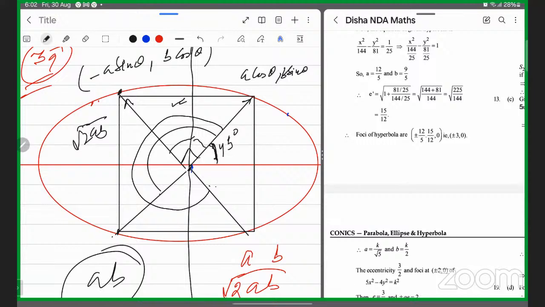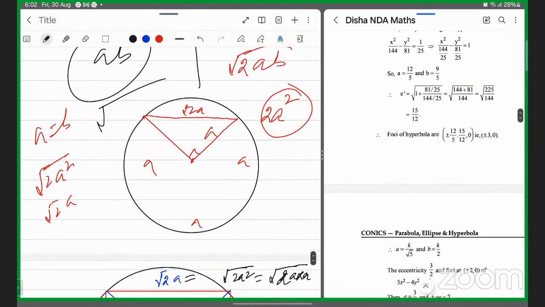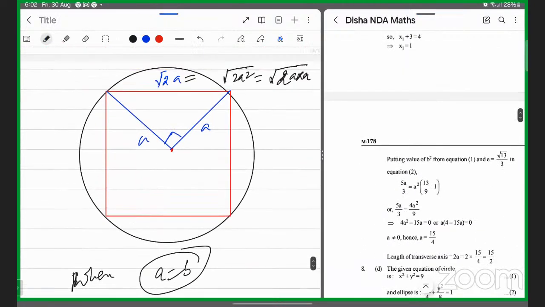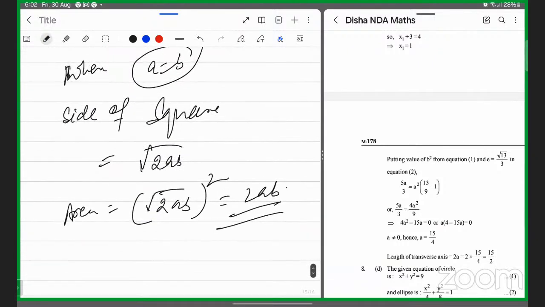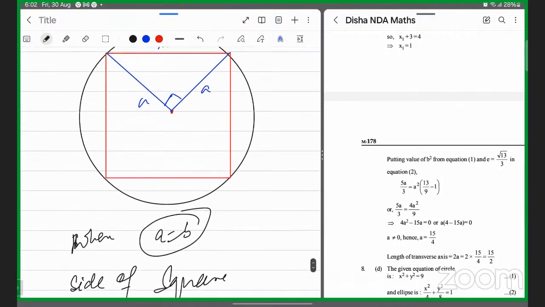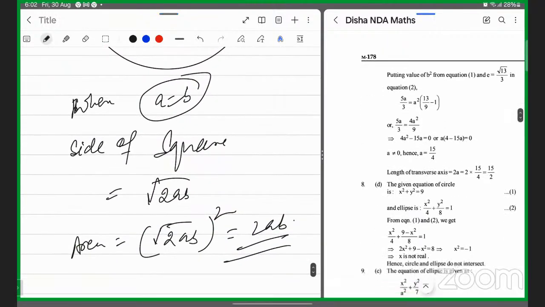Understood? Any problem? So you can get the answers. So I will suggest you rely on satta. The satta I told you about the circle, then I relate it with the ellipse. Understood?